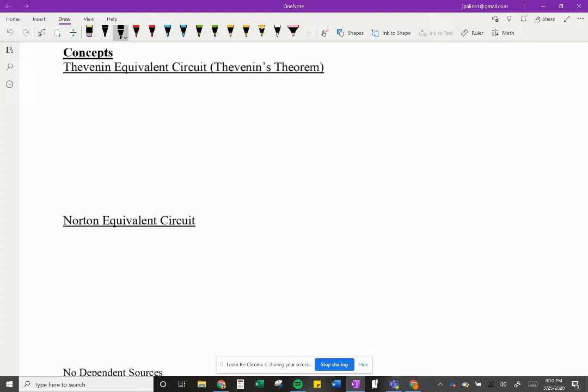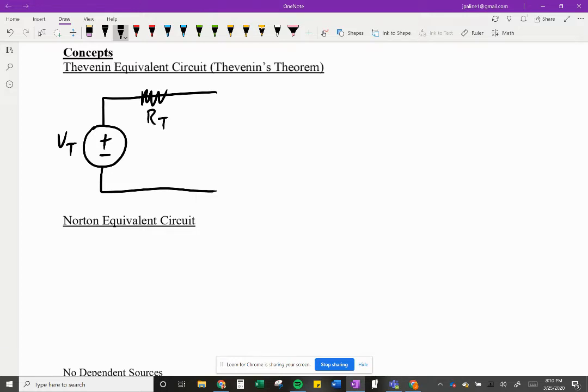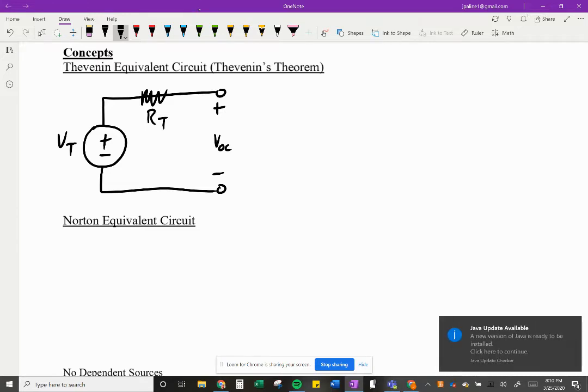But let's go and take a look at Thevenin. So Thevenin is going to involve a voltage source that we call V Thevenin. We will have this resistor that we call R Thevenin. And we have two open terminals, one positive, one negative. We call this VOC, where OC stands for open circuit.